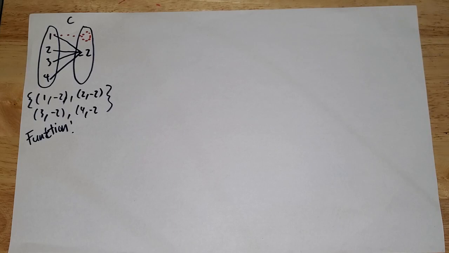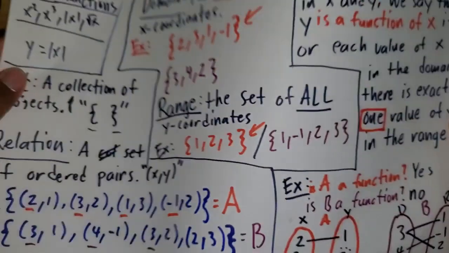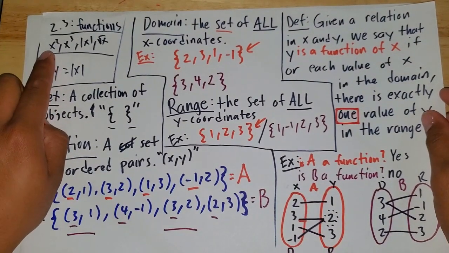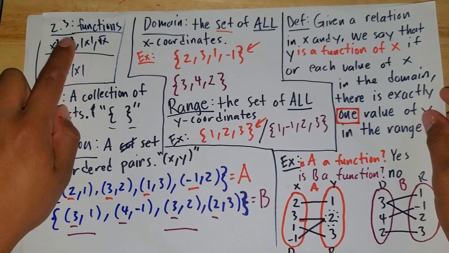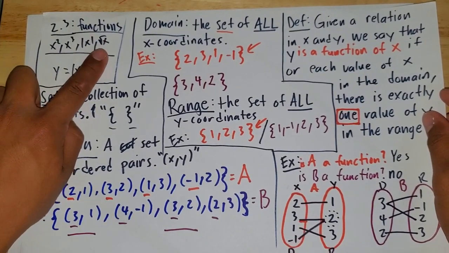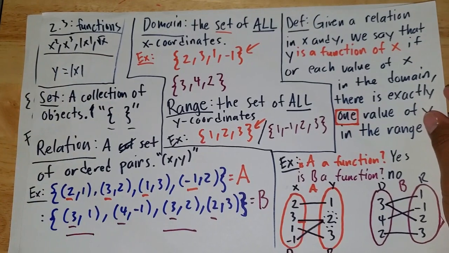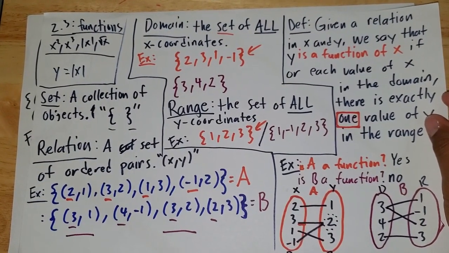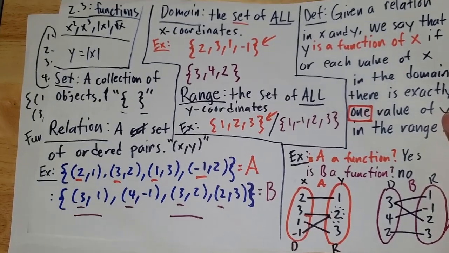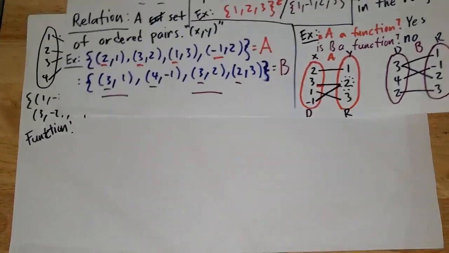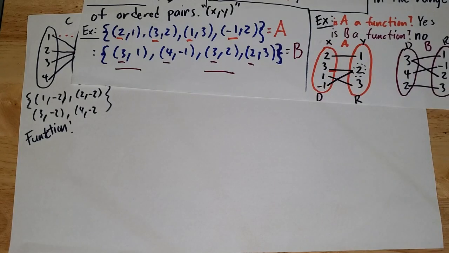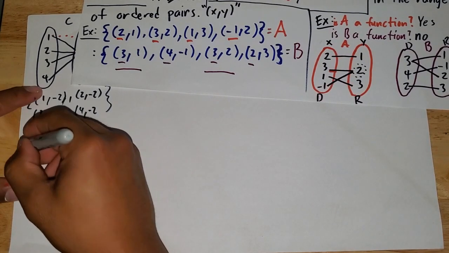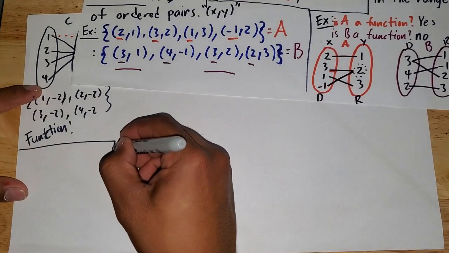So this idea, we want to now extend it to those equations that we were looking at last time. So we saw x squared, x cubed, absolute value of x, square root of x. There's even the cube root of x that we didn't graph, but we can graph later. Actually, let me give you a quiz right now, and that would be perfect right here.